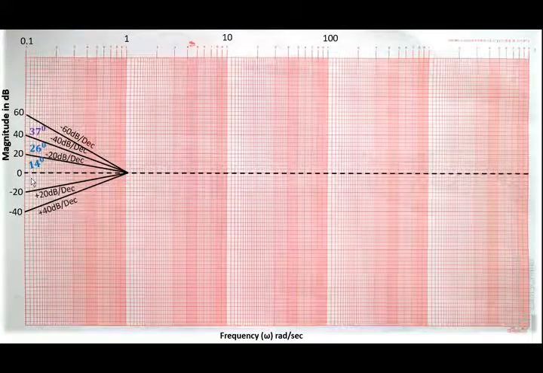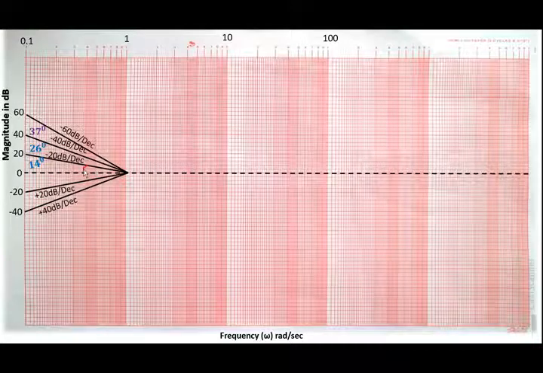And in the other case, you can also consider 5 divisions equal to 20 dB. Then the angles will be different. So the angle for minus 20 dB per decade will be 14 degree. You always consider 0 as a reference line, the 0th reference line.